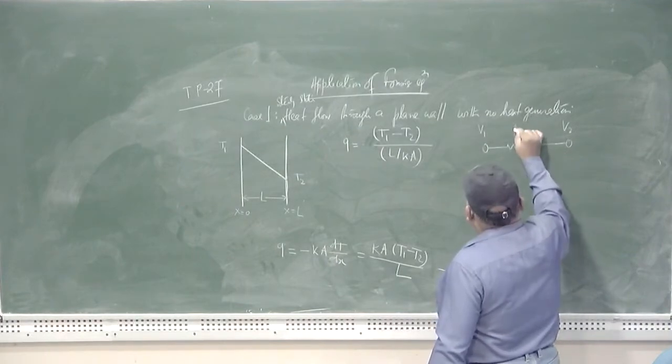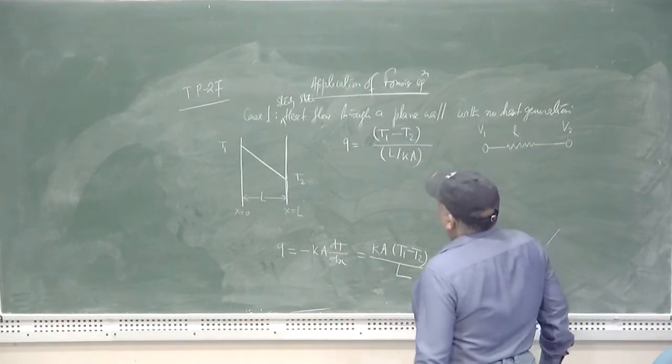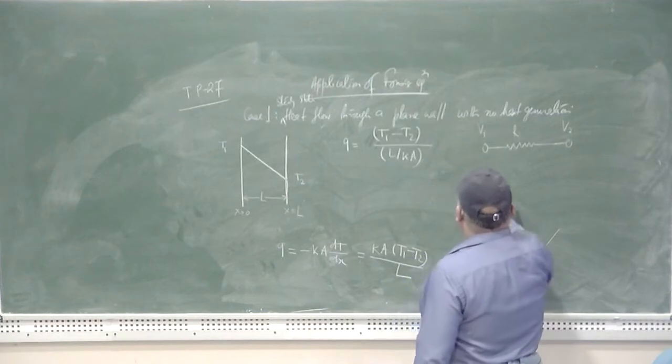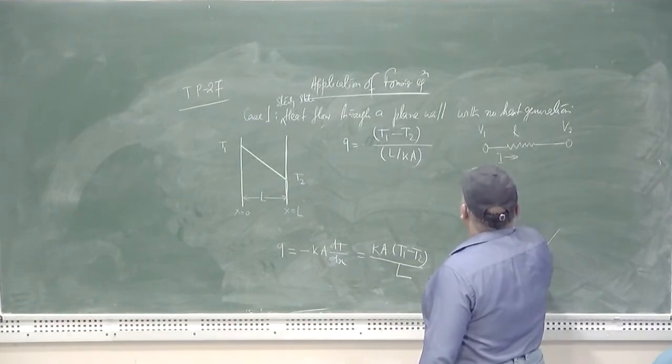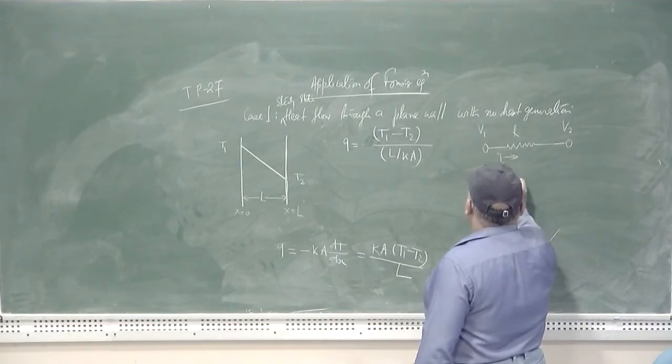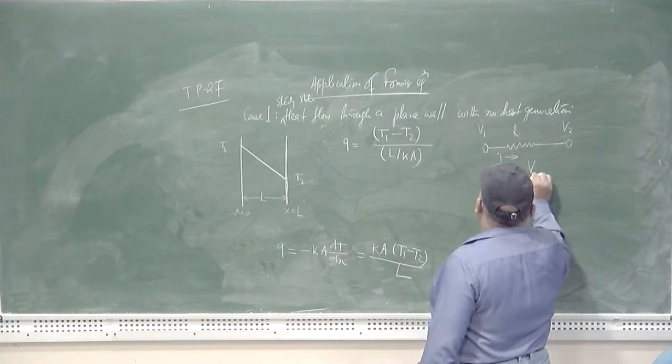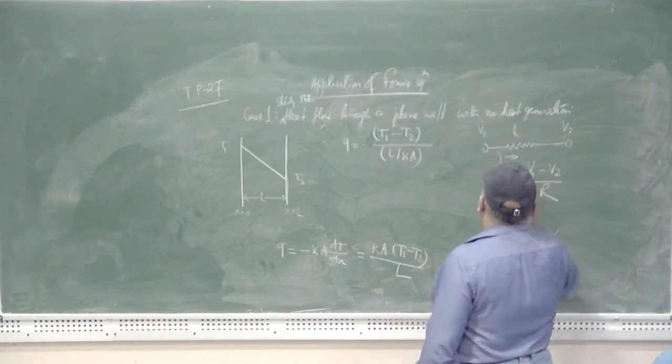Let us suppose there is a resistance R there, then the current that is flowing through this may be given as per Ohm's law, that is V1 minus V2 divided by R.